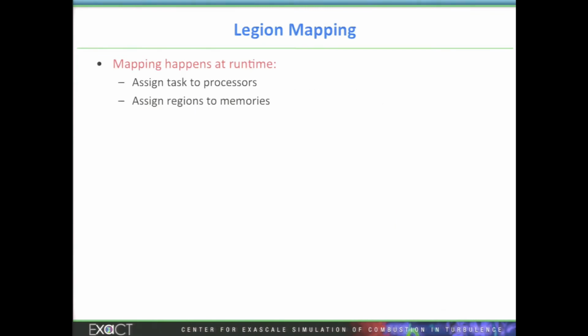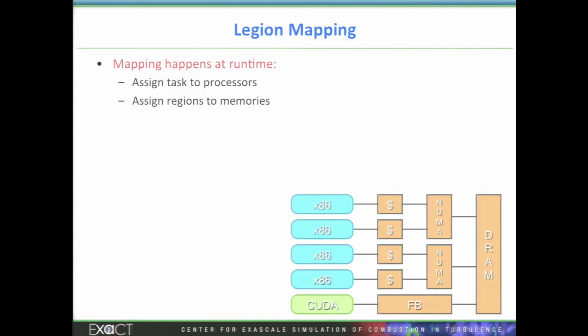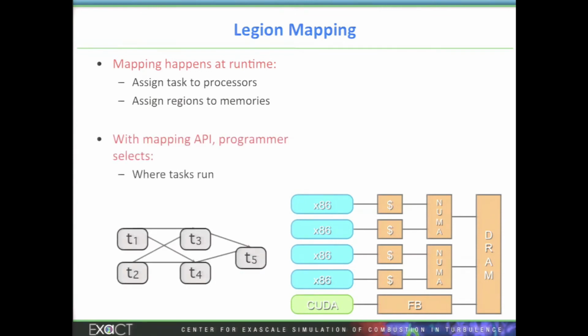Another thing that Legion does is it assigns mapping to happen at runtime. It's not decided where to place the data in memory or which tasks to run on which processors until runtime. The runtime assigns tasks to processors and regions to memory, and it provides a nice mapping API for the programmer to customize a mapper, for example, in their specific scientific domain.